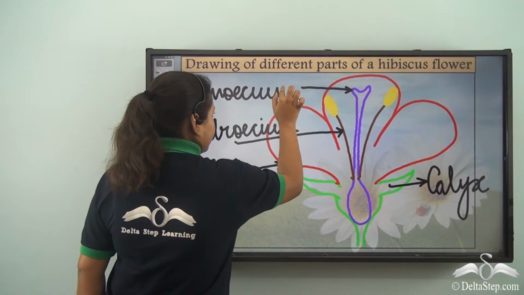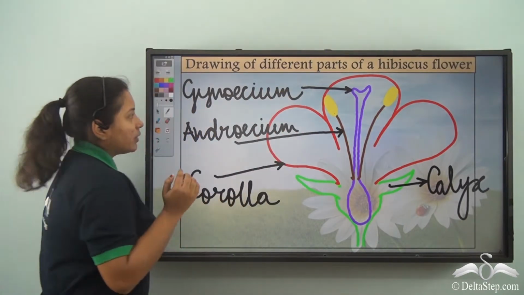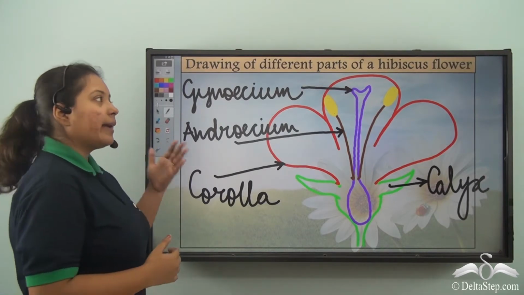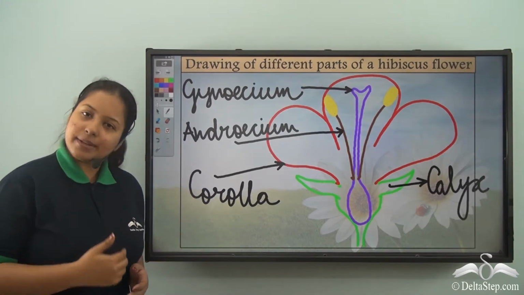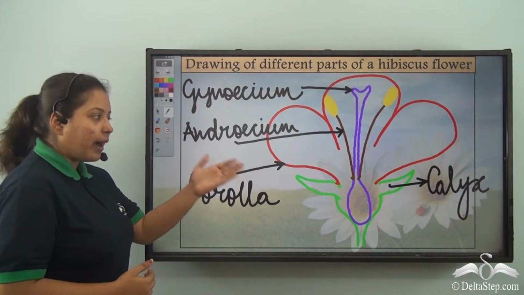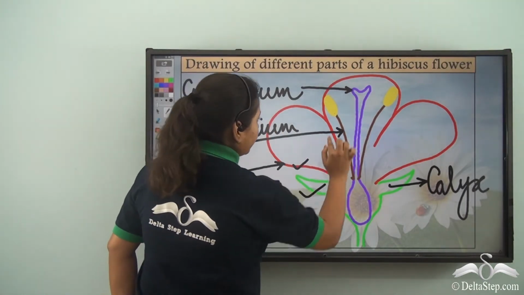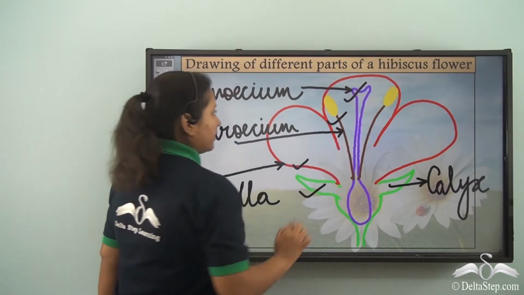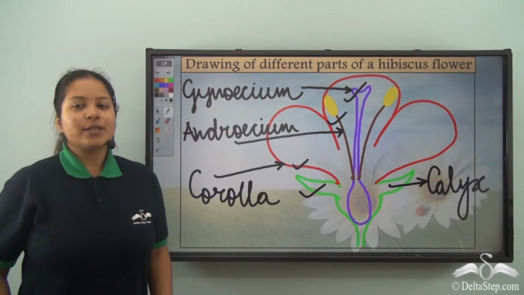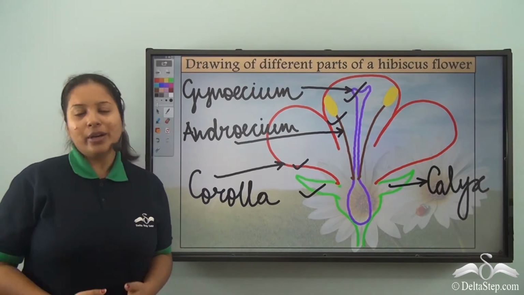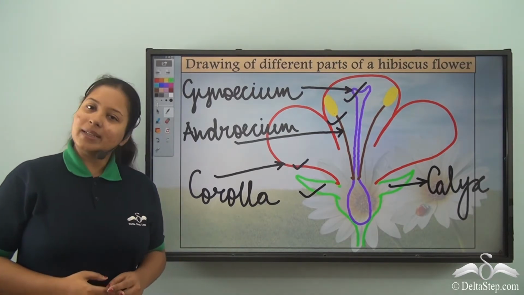So this is how you can draw the different parts of a hibiscus or China rose flower, wherein the flower will have 4 parts: the calyx, the corolla, the androecium and the gynoecium. So now, my dear kid, I am sure you know how to draw the beautiful flower along with its parts.